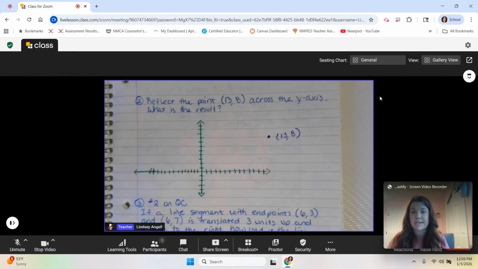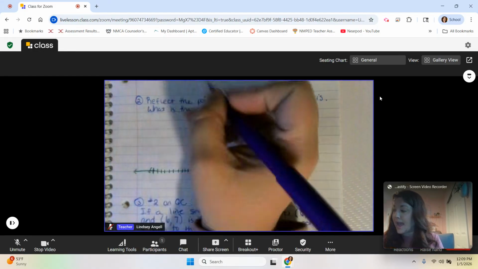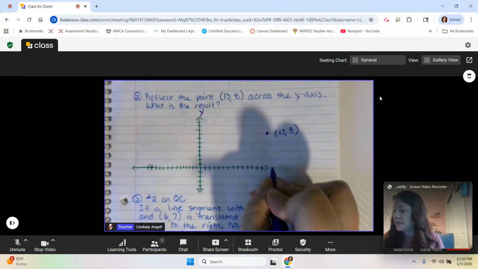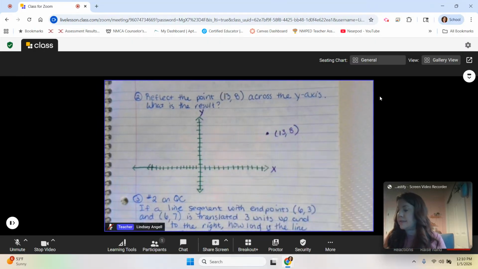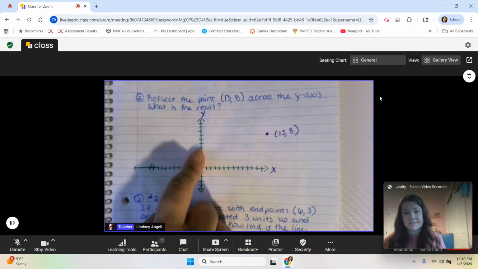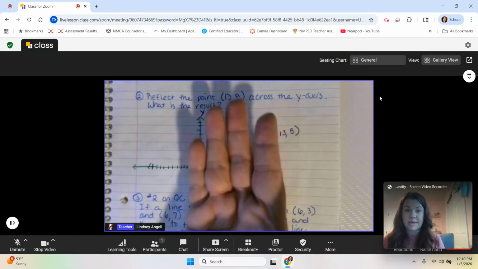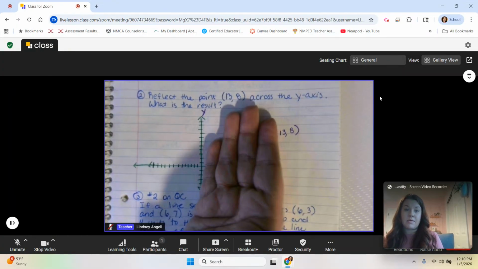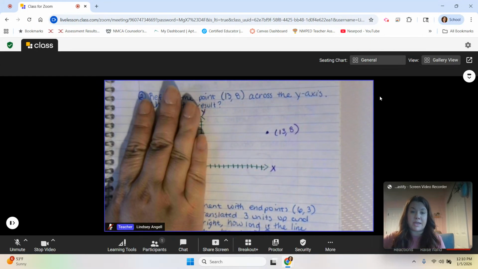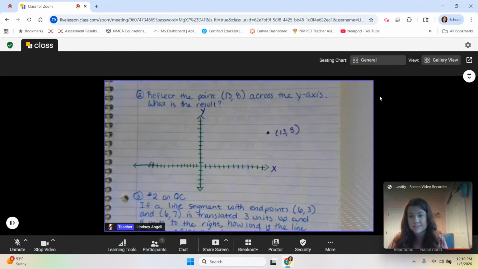If we're reflecting across the y-axis, here's my y-axis, here's my x. This is my line of reflection, so from this side I'm going across and coming over here. What changes is not the y value, but the x value.